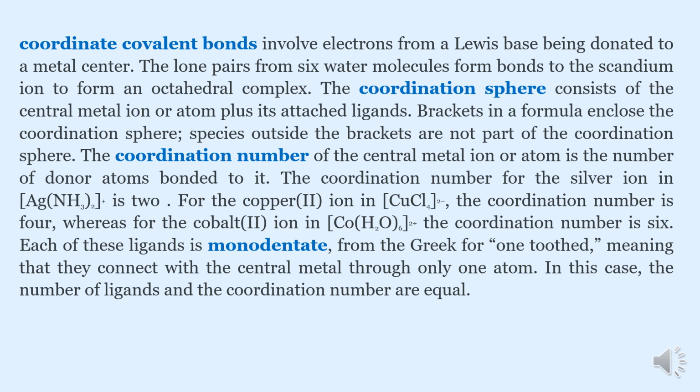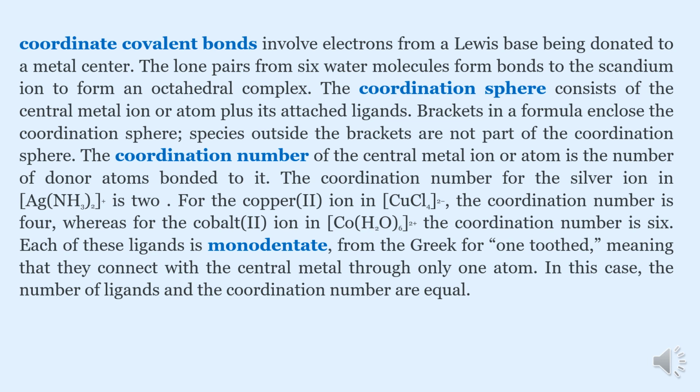The coordination number of silver in example 1 is 2 because we have 2 ammonia ligands. Ammonia has a nitrogen atom, only one donor atom, and we have 2 ammonia, so the coordination number is 2.